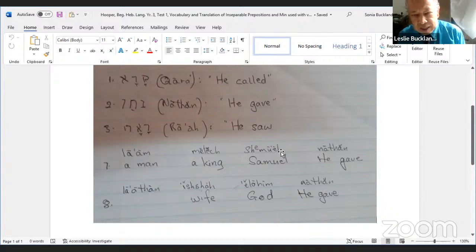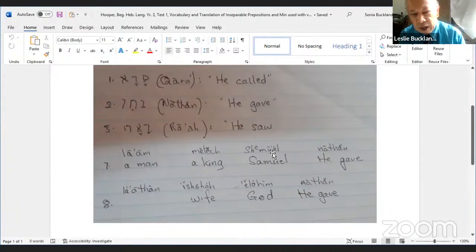Therefore, when you are translating it into English, do not follow necessarily the order in which the words are written in the Hebrew. In other words, even though the verb Nathan comes first and the noun Shemuel comes second, it is customary in our English language to put the noun first and then to put the verb after.